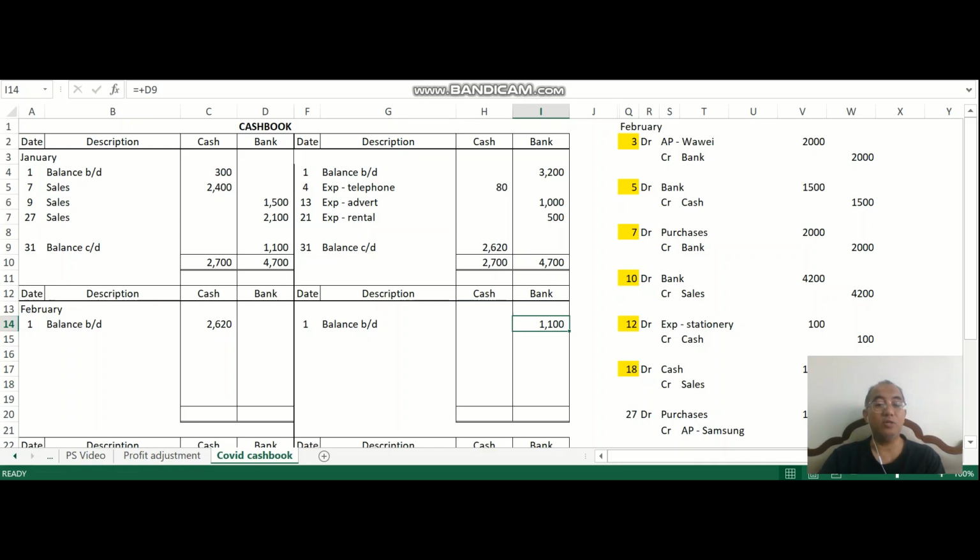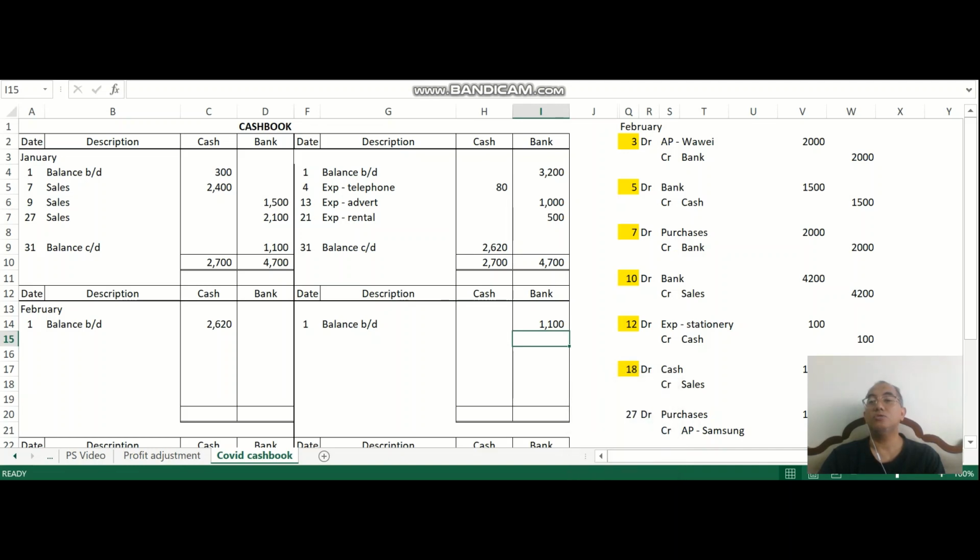Now, after we have put all the balance b/d in our cash book, on the 3rd of February, we have credit bank. So bank at the credit side. This is the credit side. We have bank here.